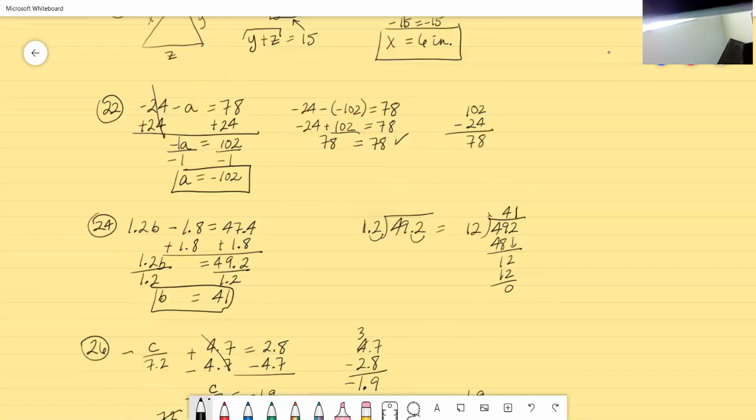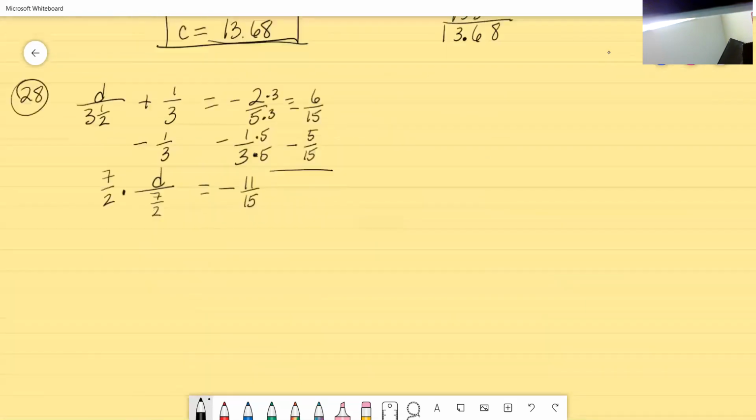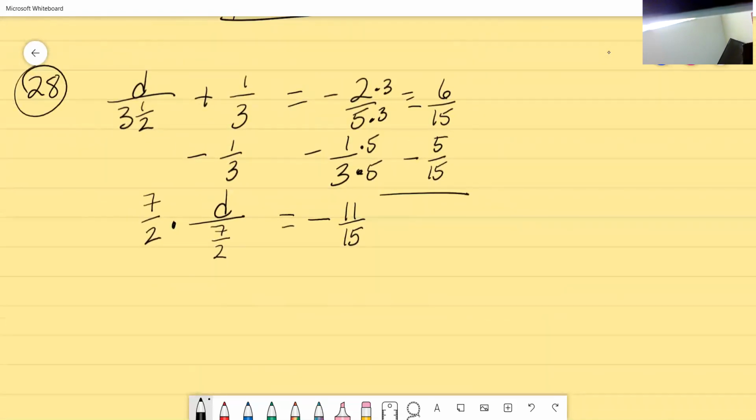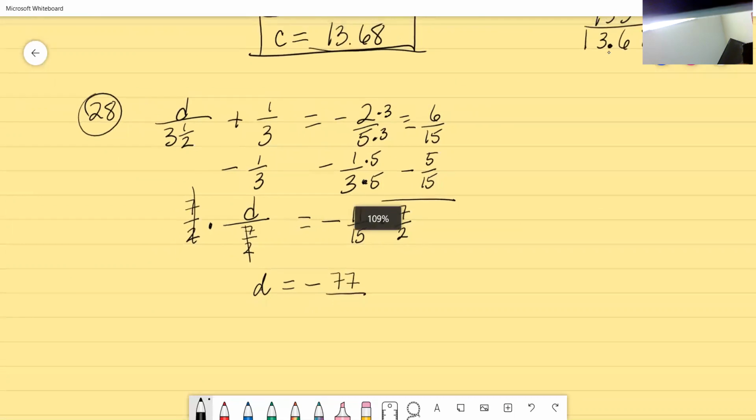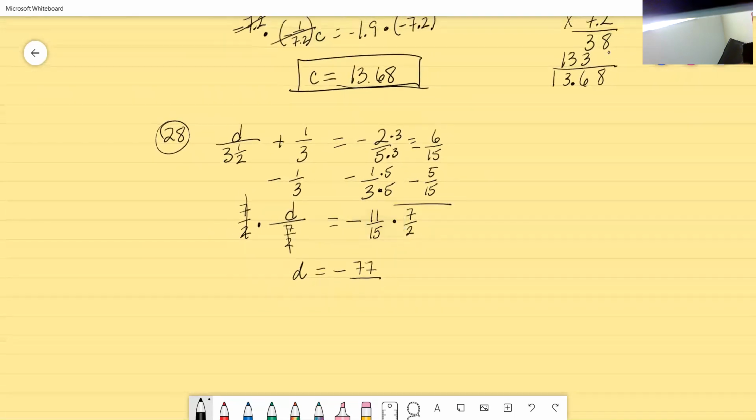God, I'm getting a bit fed up with this screen here today. Okay, these cancel each other out. You multiply this by 7 halves, and you're given D equals, now it's negative because you have a negative times a positive. 11 times 7 is 77. 15 times 2 is 30. And so your answer is negative 77/30.